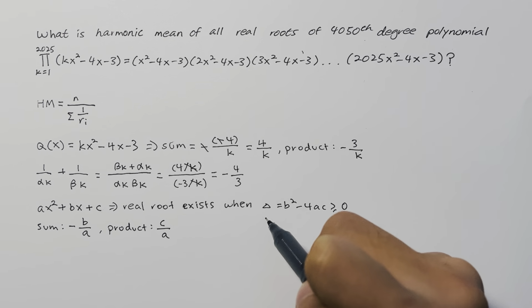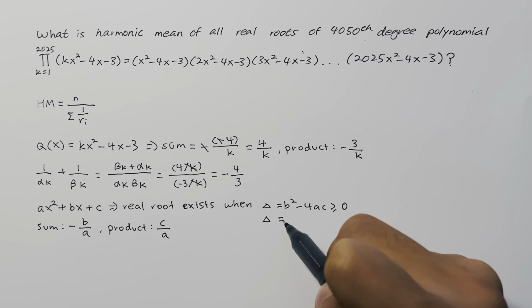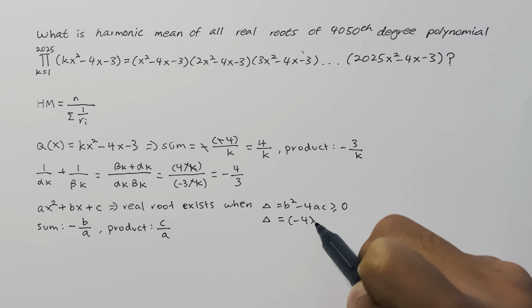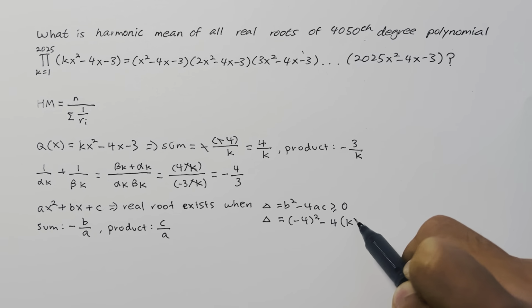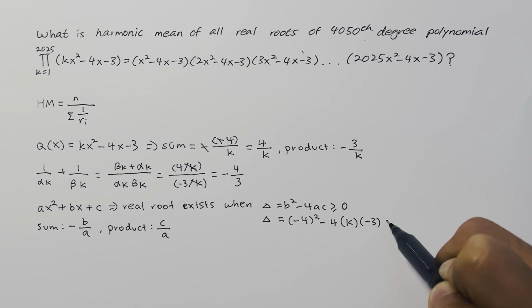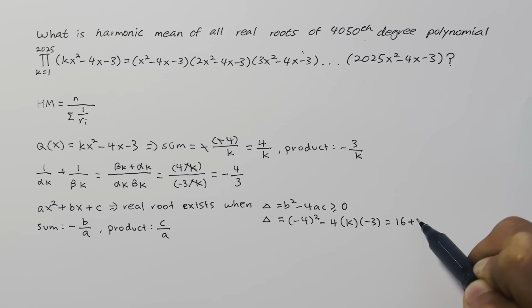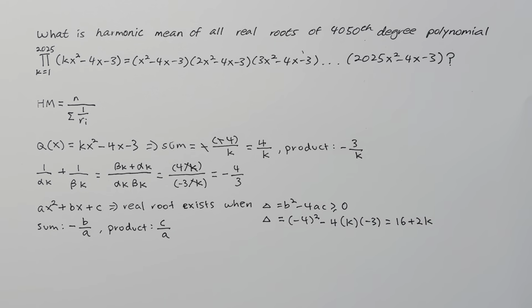Delta equals b squared, which is negative 4 squared, minus 4 times k times negative 3, equals 16 plus 12k. The problem states k runs from 1 to 2025. Since k is always a positive integer, the expression 16 plus 12k will always be positive.